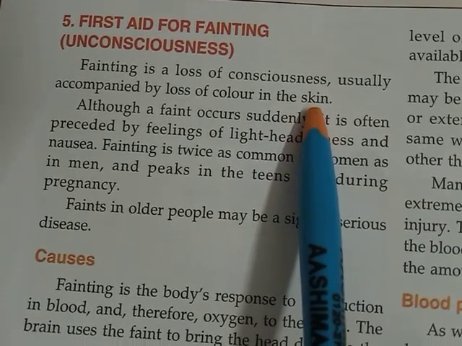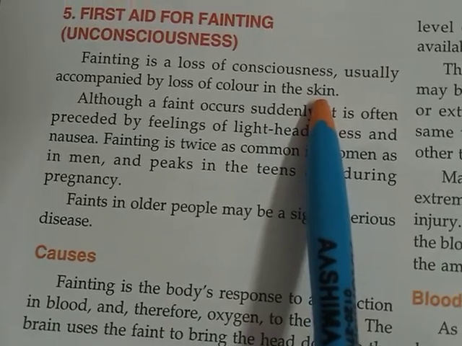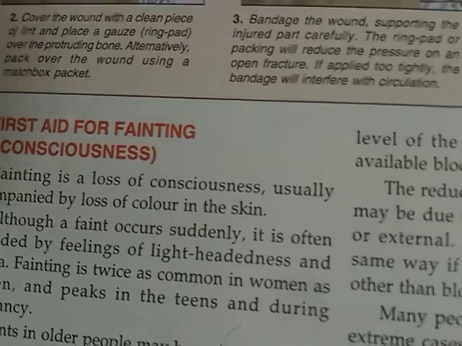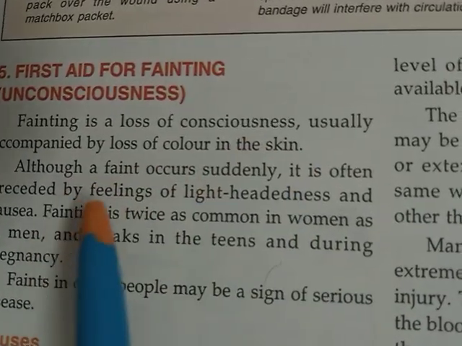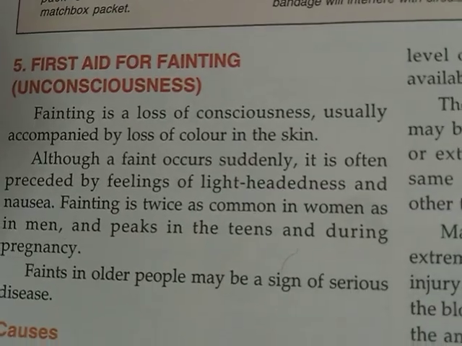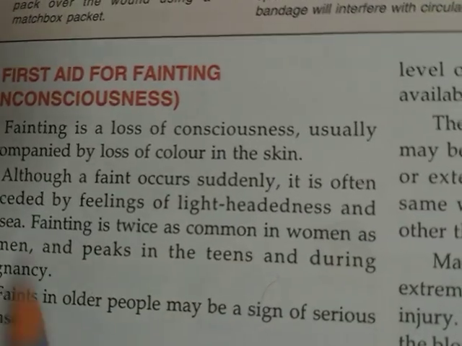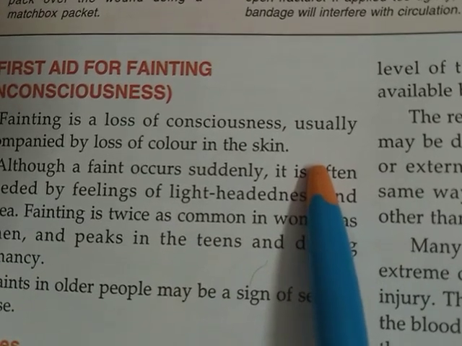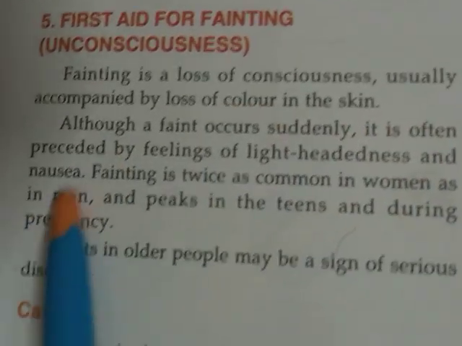In your school, you have seen during the assembly time, many children become unconscious and fall down. And when you see the color of their skin, it turns pale. So that is known as fainting, or it is also known as unconsciousness.